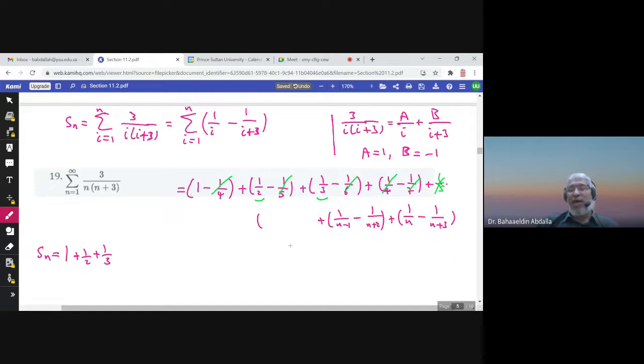And when I put I equal n minus 2, I'll have n minus 2, and minus 2 plus 3 is n plus 1. One more term, when I is n minus 3, n minus 3 plus 3 is just n, and so on.